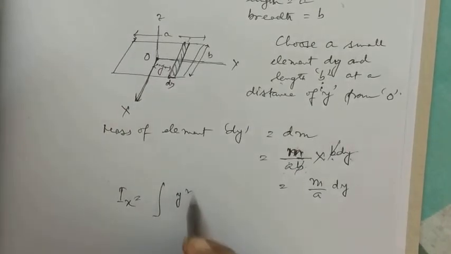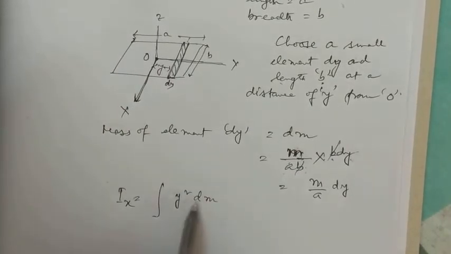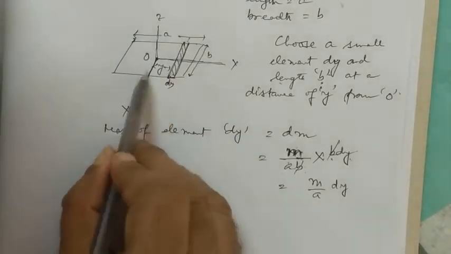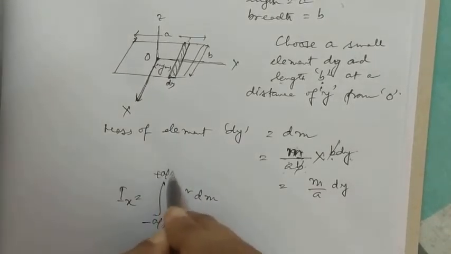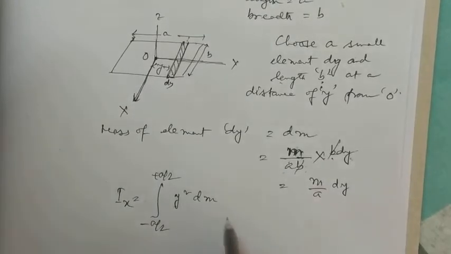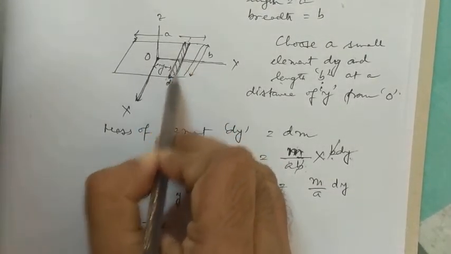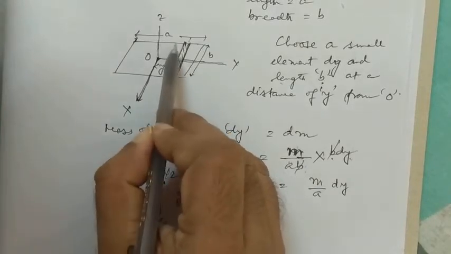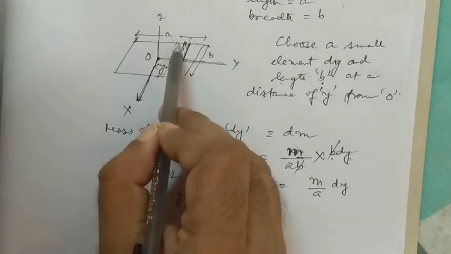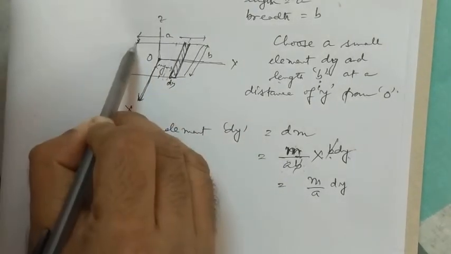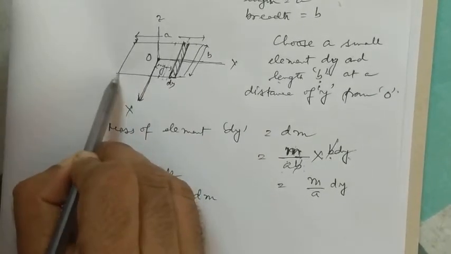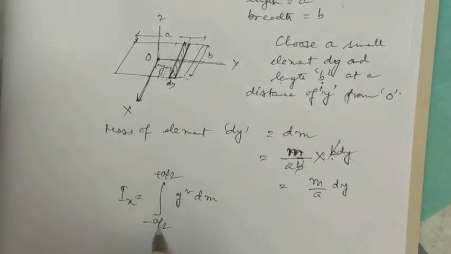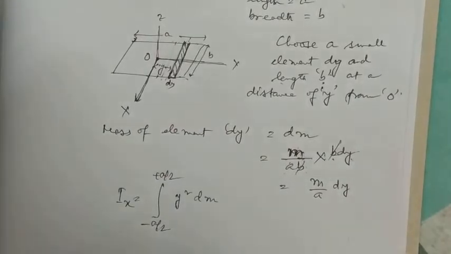It will be y square dm, the distance of the strip from the axis being y, and we integrate it from minus a by 2 to plus a by 2, because the strips can be arranged on this lamina from minus a by 2, 0 to plus a by 2. So minus a by 2 to plus a by 2 is the limit.